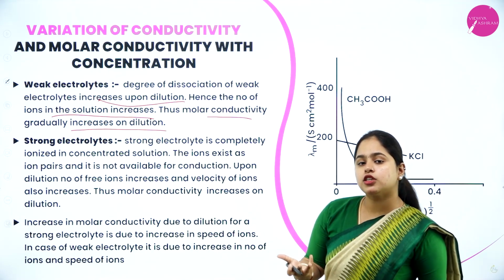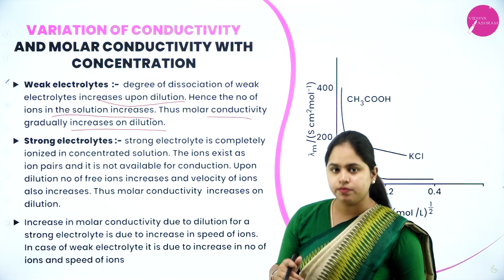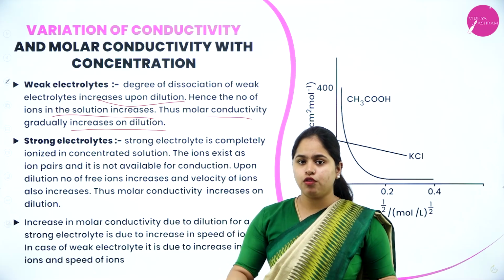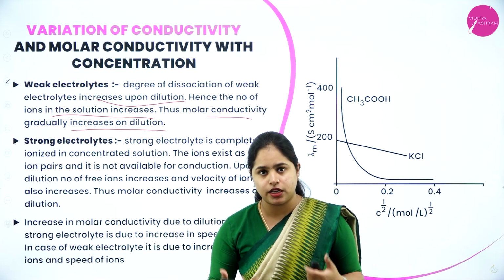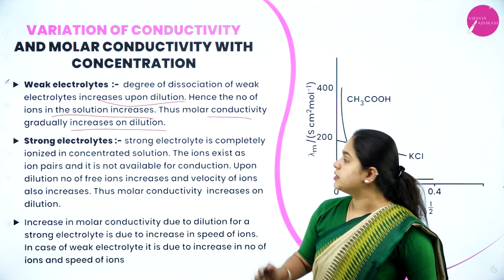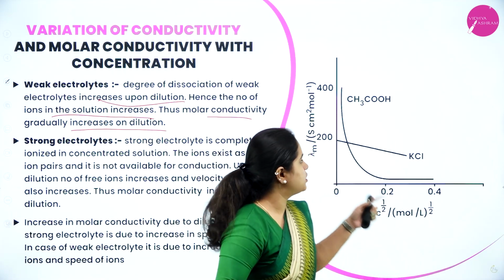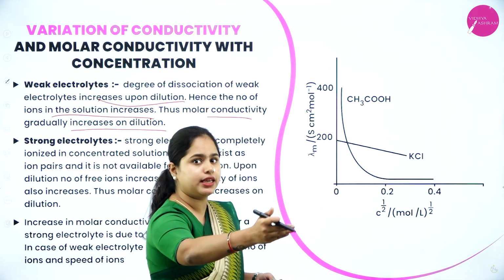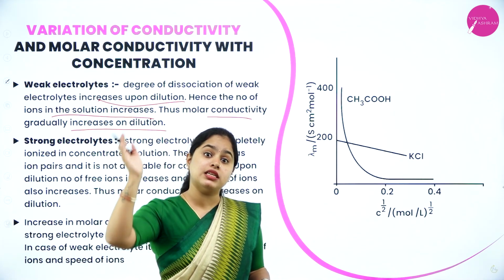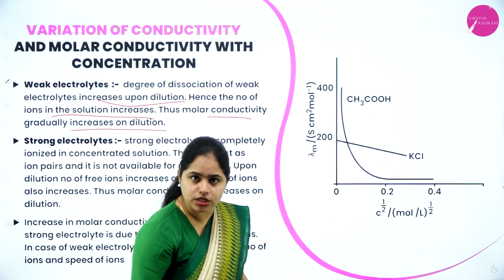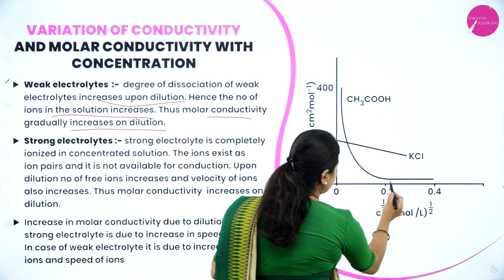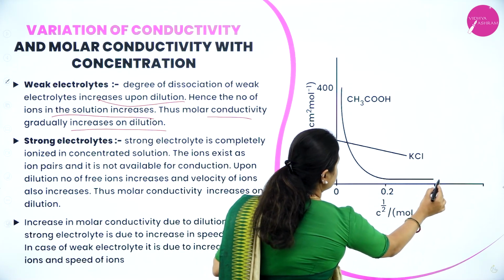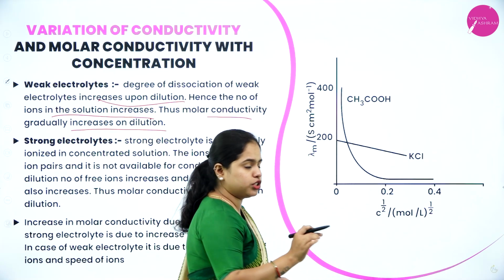So for a weak electrolyte, on dilution the degree of dissociation increases. Hence the number of ions available for conductivity also increases, so molar conductivity increases. As you can see in this graph, from left to right the concentration is decreasing, that is, the dilution is increasing.